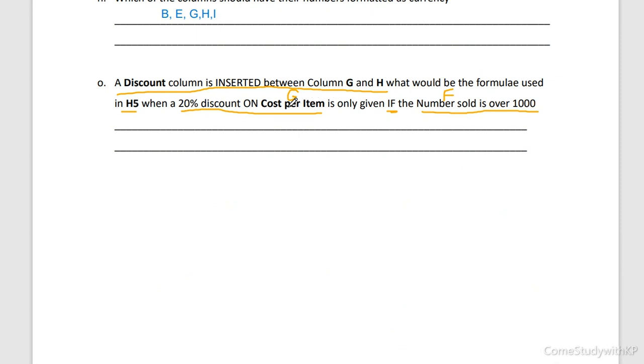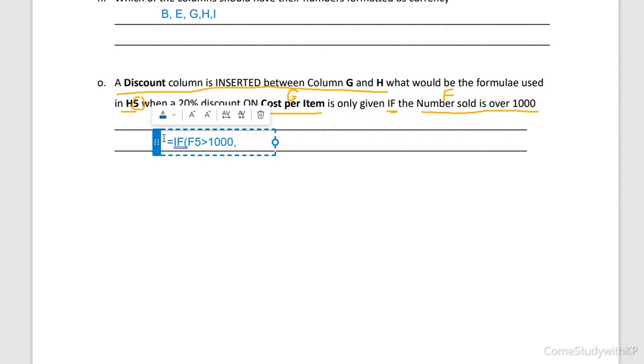And do I need any other column? And we know we're writing the formula in H5. So we're looking at row 5, right? So all our references right here would be in 5. So we're saying equal IF, bracket, if the number sold is over 1,000. So if F5 is greater than 1,000, right?